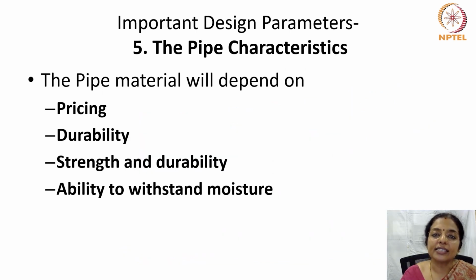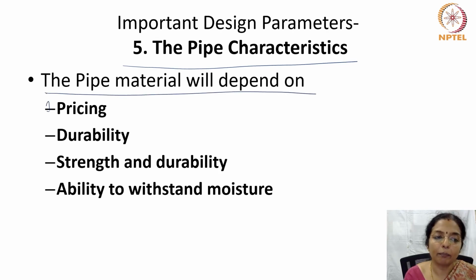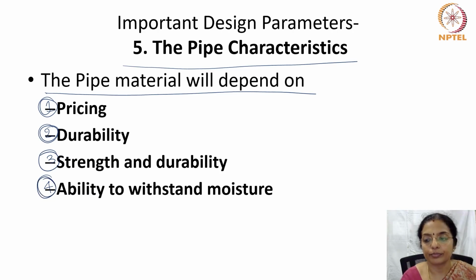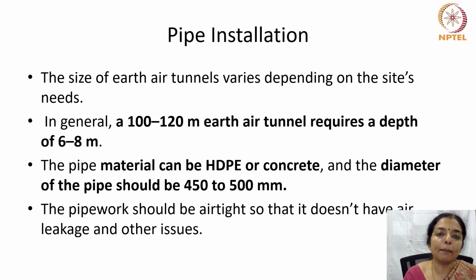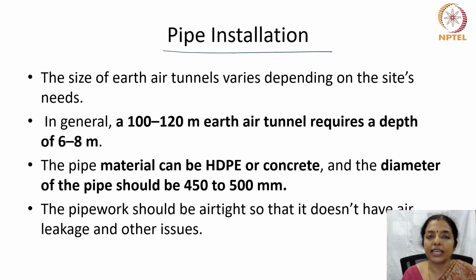Then there are certain important design parameters. The pipe characteristics: the pipe material will depend on the cost, the strength and durability, and the ability to withstand moisture. Pipe installation: the size of earth-air tunnels varies depending on the site's requirement.